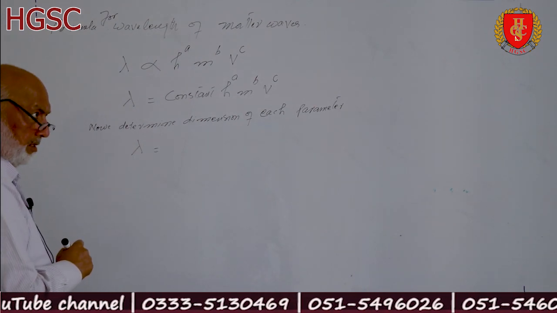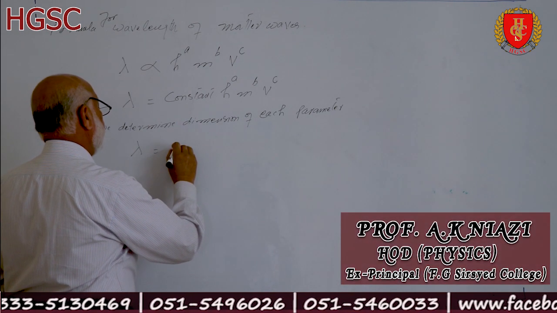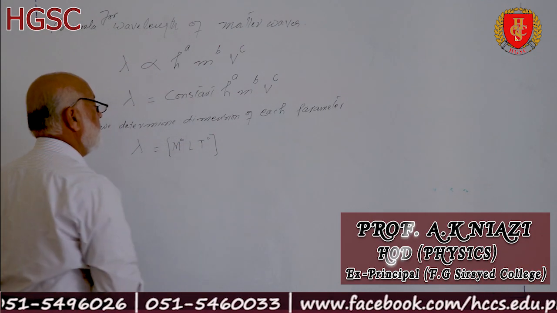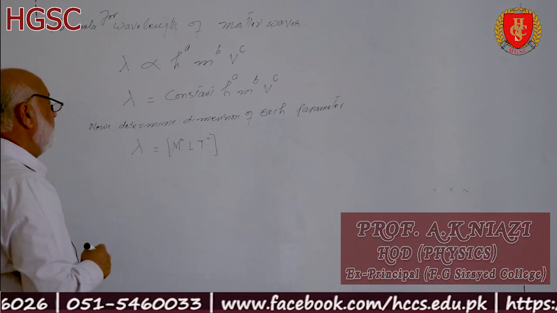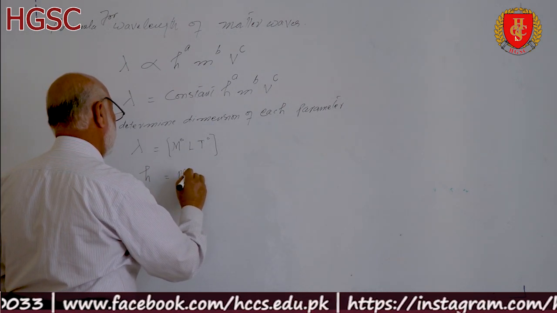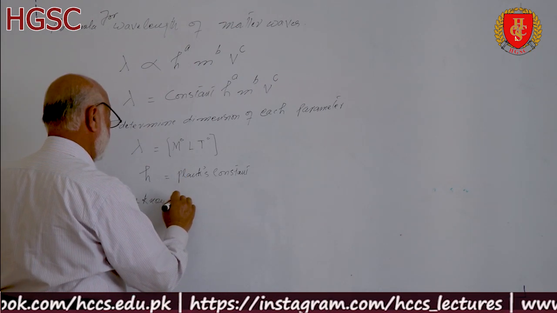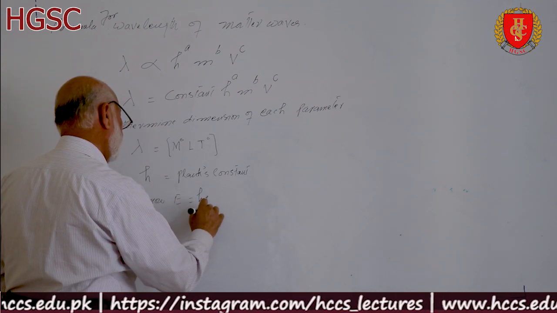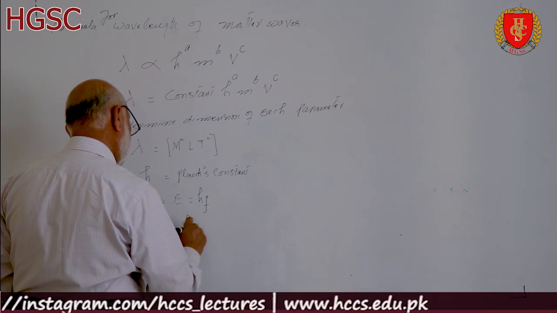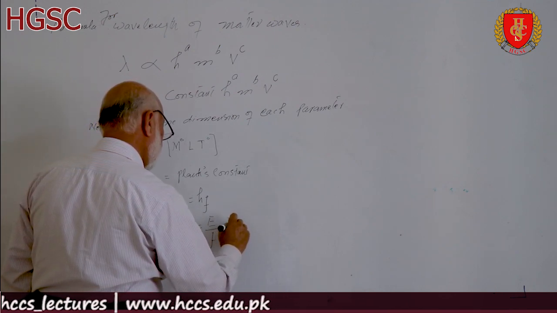Lambda, wavelength, having unit meter, so this is the dimension of the wavelength. Dimension of h, Planck's constant: we know that E is equal to hf, the formula for the energy of a photon, and h is equal to energy over frequency.